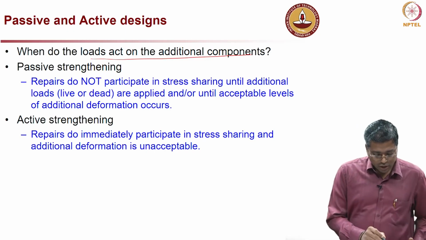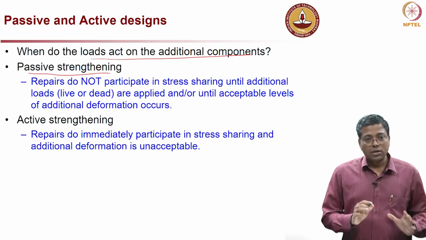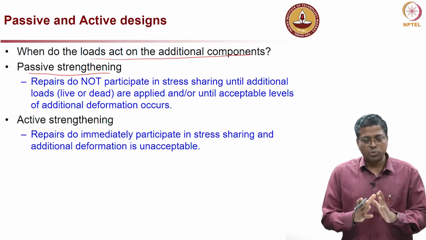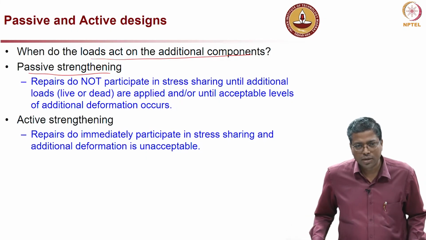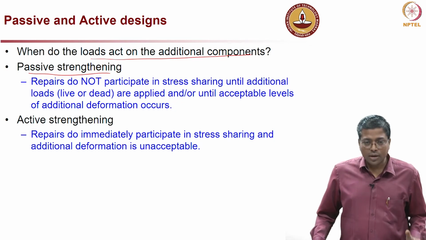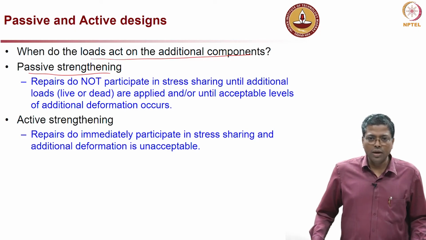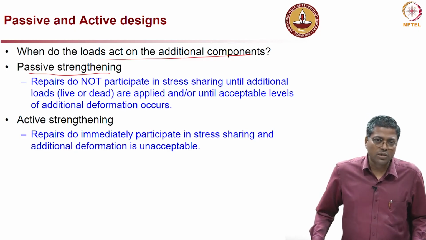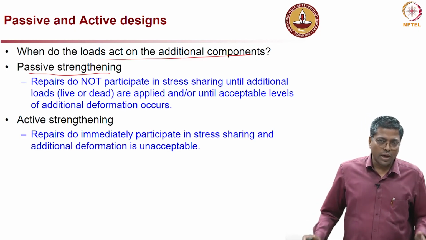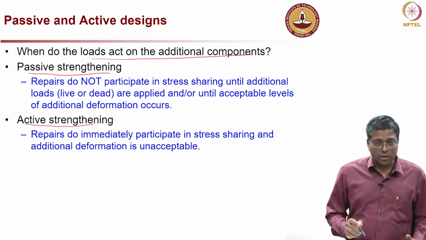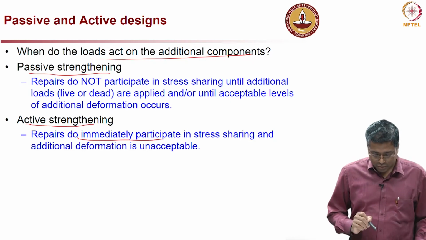Now, when you talk about passive strengthening, they are the type of repairs or strengthening elements which do not take part in the stress sharing until additional loads or live load are applied, or until acceptable levels of additional deformation occurs. So, they do not take part in the beginning, whereas the active strengthening elements immediately take part. Okay.